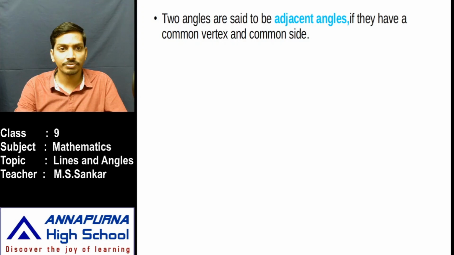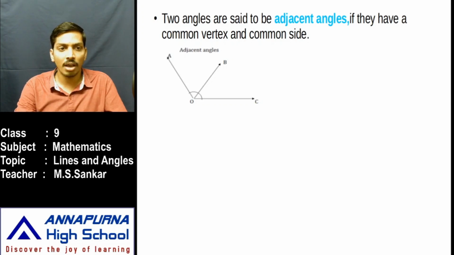Next one, what are adjacent angles? Two angles are said to be adjacent angles if they have a common vertex and a common side. Example, see the figure. OA, OB, OC are three different rays.